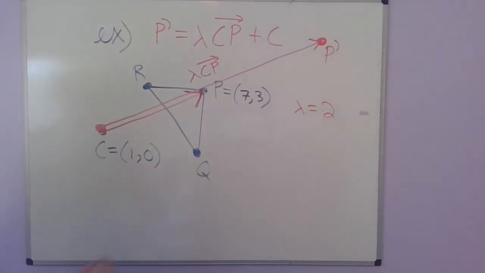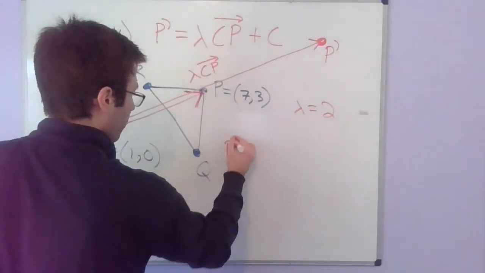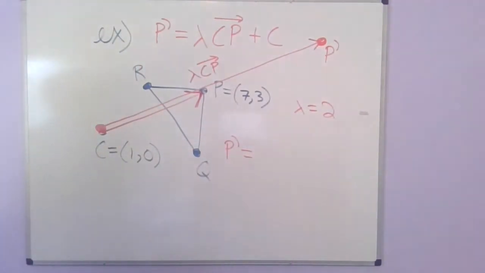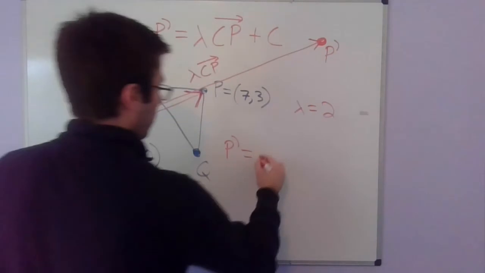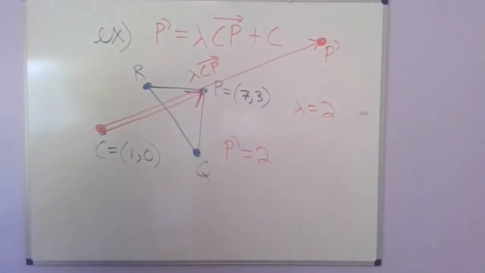So the point P prime would be equal to, lambda here is 2, so I'm going to put 2 times CP. Let's look at CP.